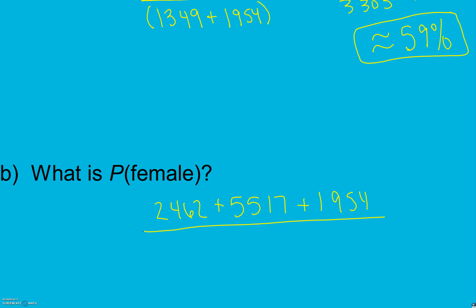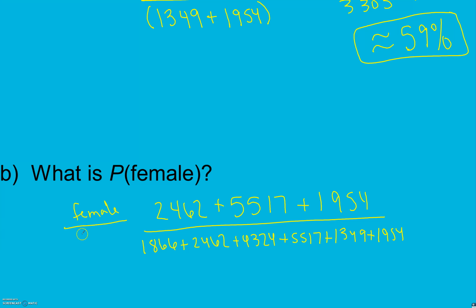So here, we take our males and our females. So our two-year colleges for both, our four-year colleges for both, and our grad schools for both. Again, it's female to all students.